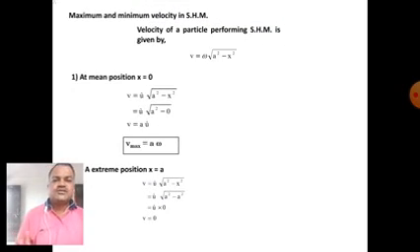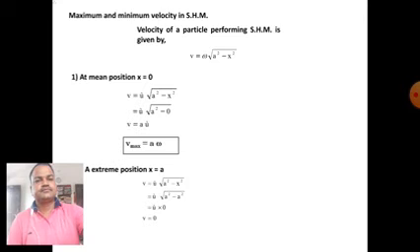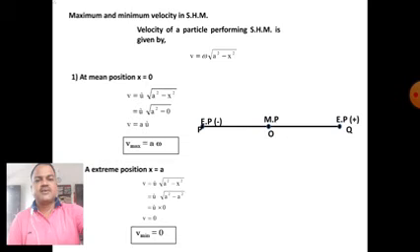That's why the particle moves towards the mean position again, and during this motion from extreme to mean position, the value of velocity goes on increasing, and it is maximum at the mean position. So the particle again moves to the other extreme position. So this is the path of the linear SHM.